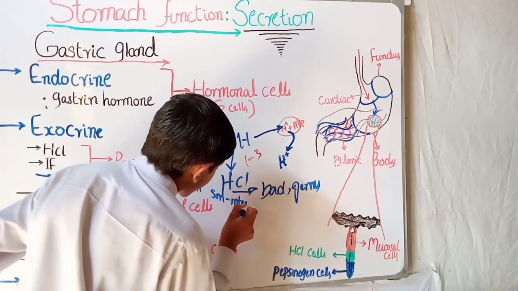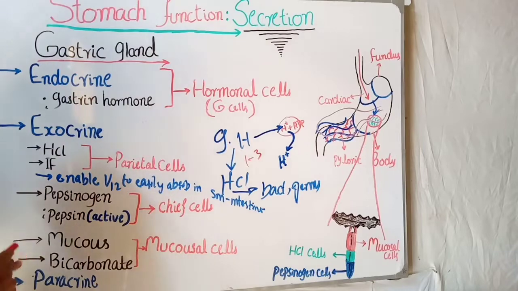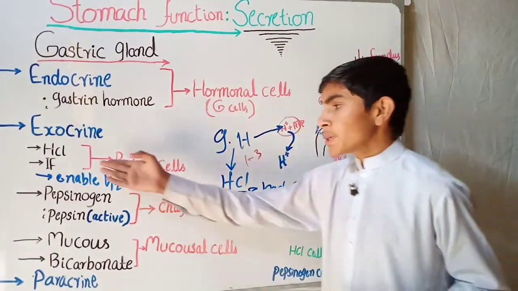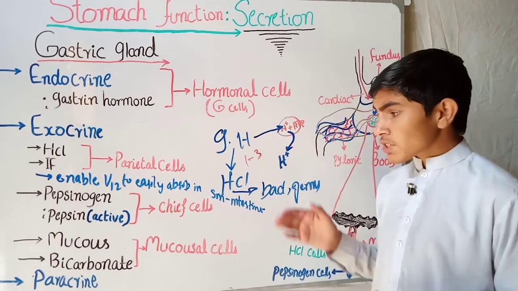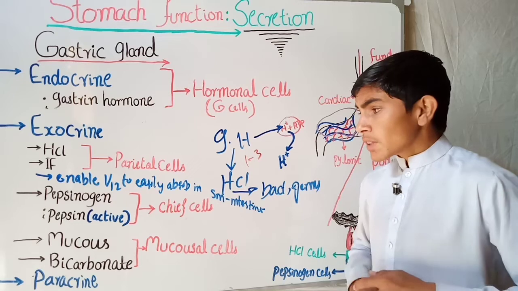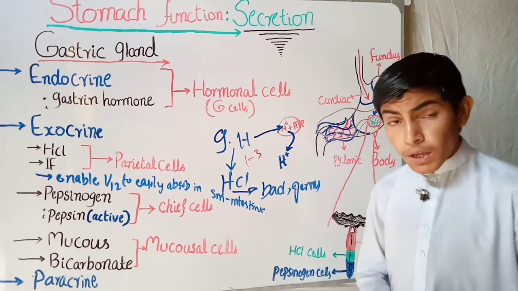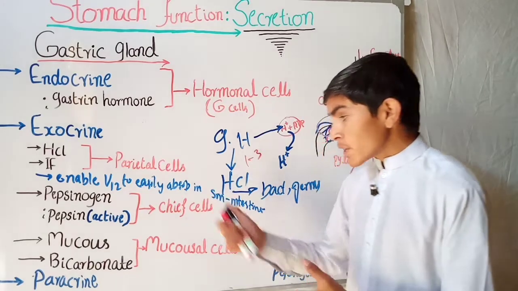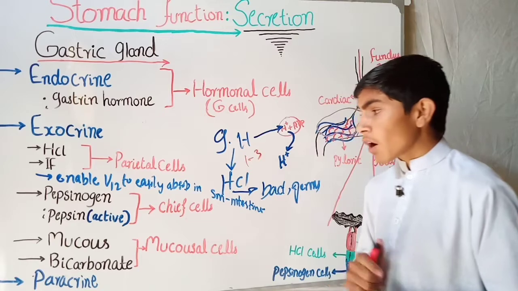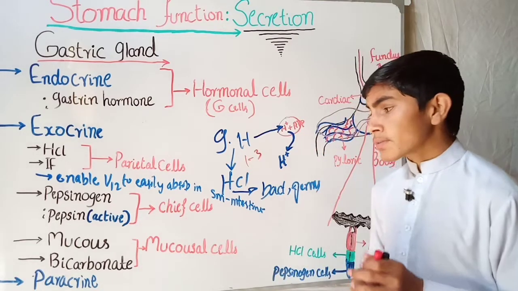The secretion of intrinsic factor is very important, because when the intrinsic factor is not secreted in the normal amount, vitamin B12 will not be easily absorbed into the bloodstream, and therefore we will have a lack of vitamin B12 in our body. So it causes several diseases.